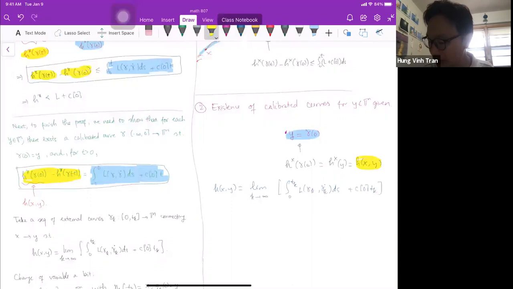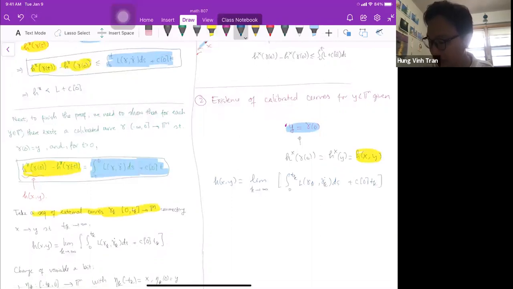So yes, there exists a sequence of extremal curves, I should have said, with tk going to infinity, such that your peer barrier equals this.